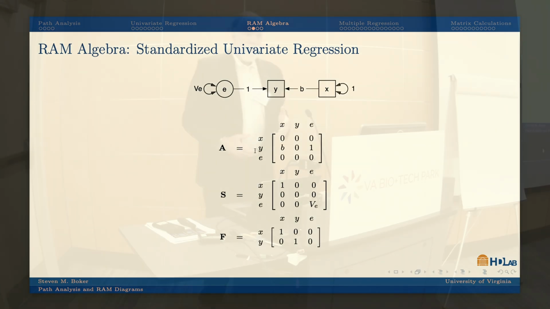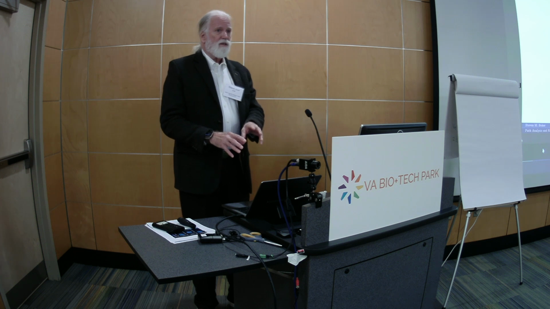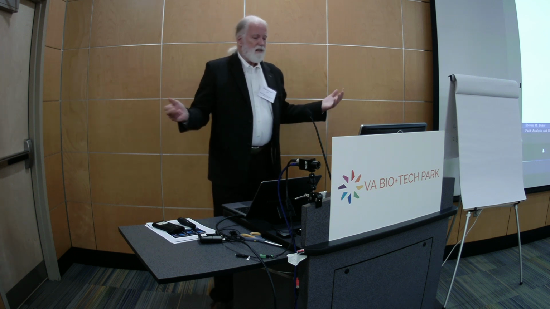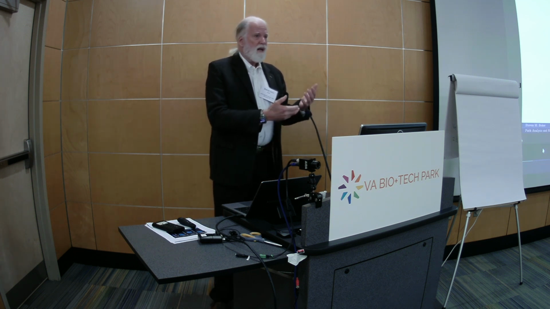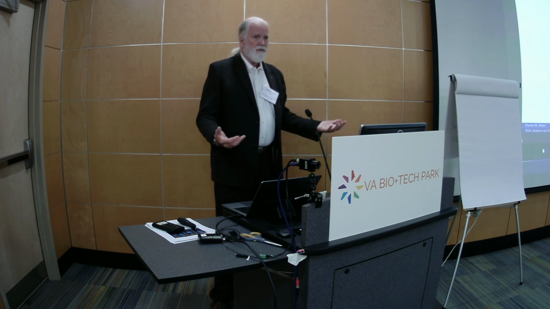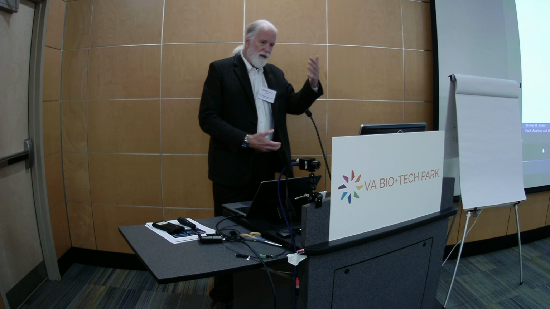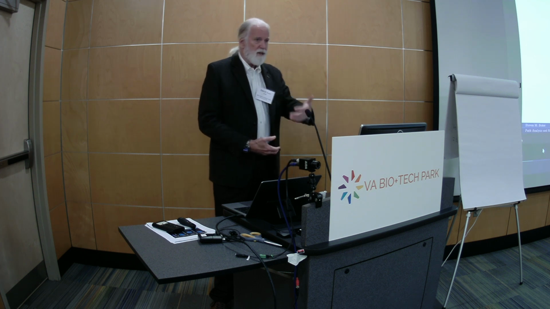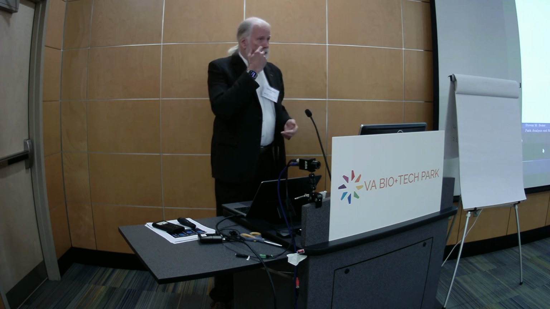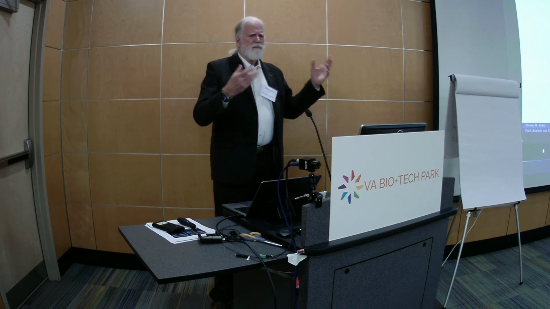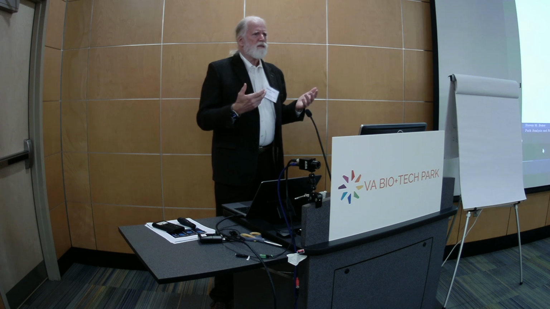This turns out to be really useful if you know what that's doing. You can take a look at the output, at the structure that was built inside the model. Inside the model will be an A matrix, an S matrix, and an F matrix. And the A and the S matrix are going to tell you, did I do what I really wanted to do here?